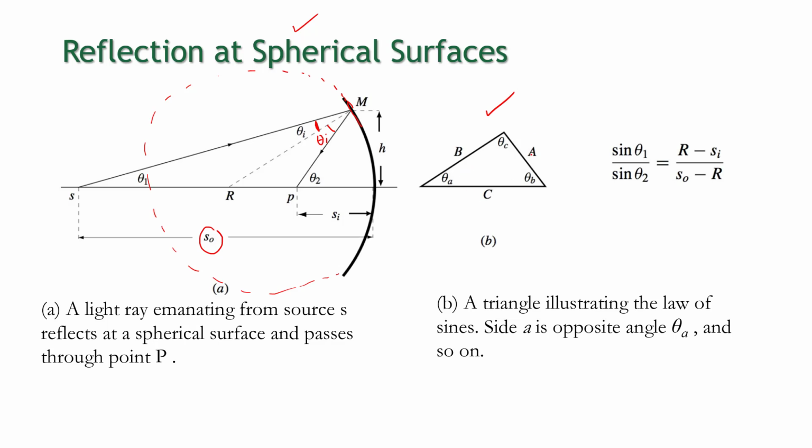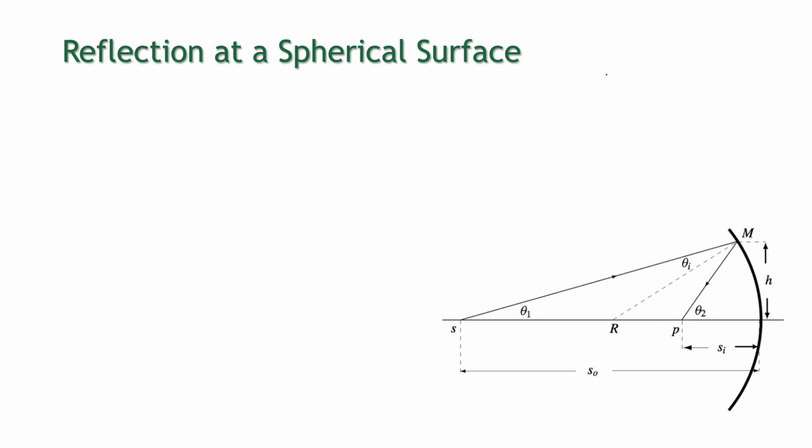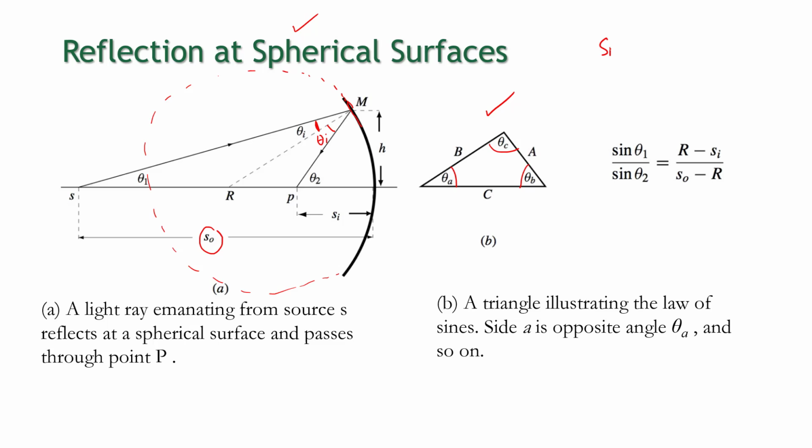In this triangle, sides A, B, and C are opposite to the angles theta A, theta B, and theta C. And you might have seen this in trigonometry, which is called the law of sines: sine of an angle over its opposite side is equal to sine of the other angle over its opposite side, which is equal to sine of the third angle over the third side.